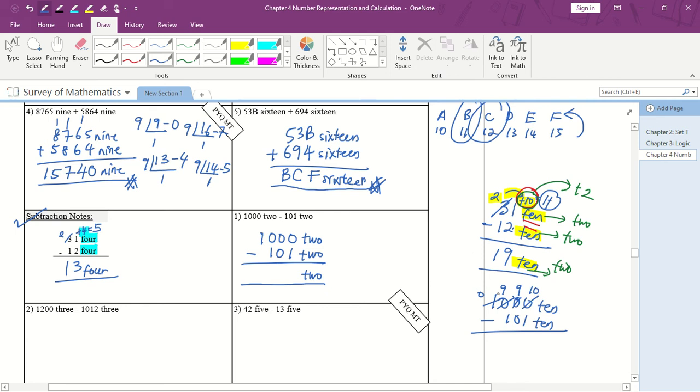When I borrow by skipping to the very first one, in between it will become 1 less than the original base. So this is 10, but when I borrow, in between it will become 9. Why?